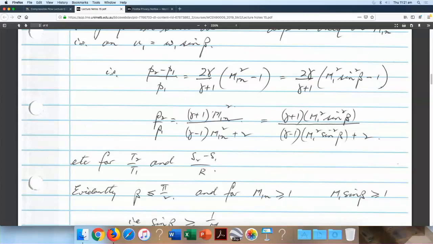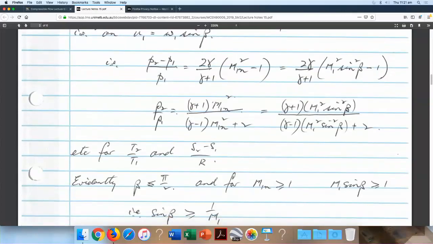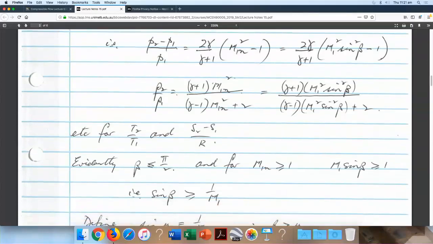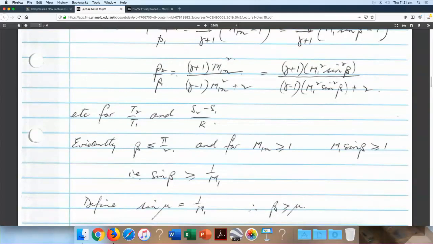Because for M1n greater than 1, M1 sine beta has to be greater than 1. So sine beta has to be greater than 1 upon M1. And so we see something interesting here. We're going to define the Mach angle, mu, as an angle whose sine is 1 upon M1.